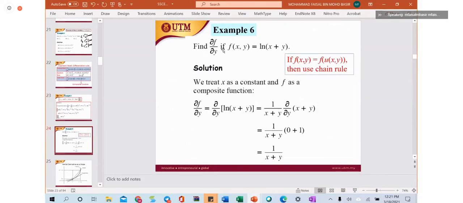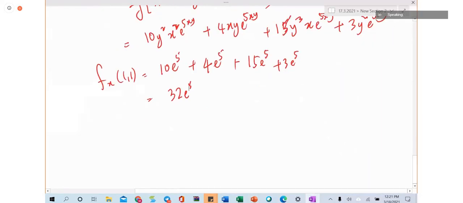So I'll continue. Find ∂f/∂y if the function is ln(x + y).